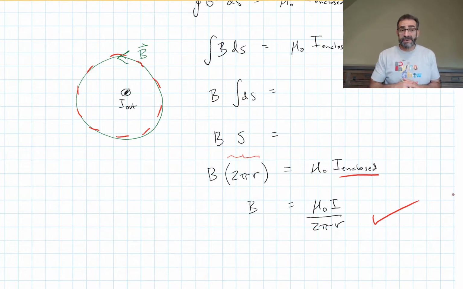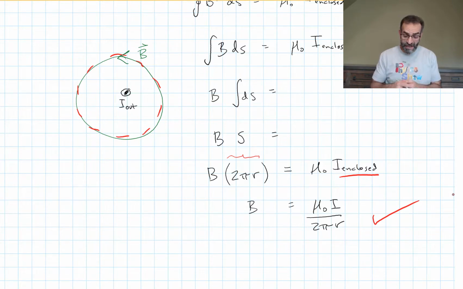It also isn't helpful if this wire is curved. I believe Ampere's law would still work with an infinitely long curved wire, but it wouldn't be helpful. You wouldn't be able to find a path around the wire where the integral of B dot ds is easy to do.